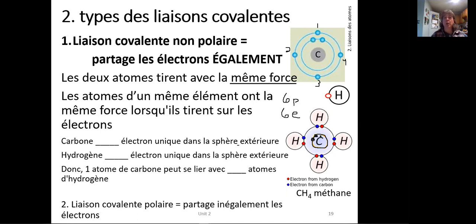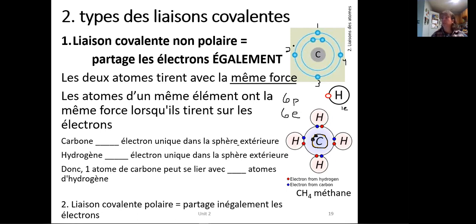That means a carbon atom can accept a hydrogen atom to make it happy. The hydrogen atom has only 1 electron. So how many hydrogen atoms can this carbon share its electrons with?